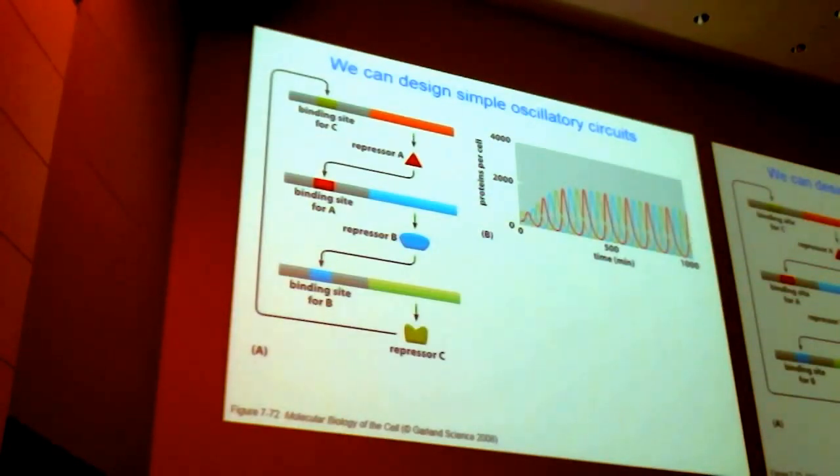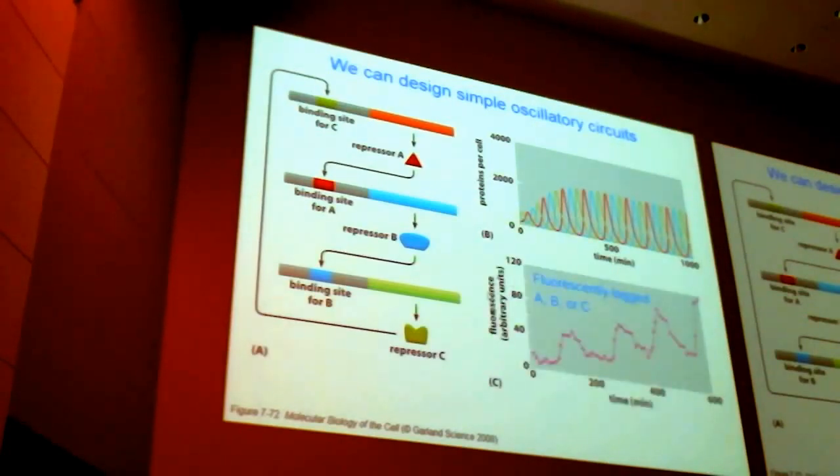So if you measured any one protein experimentally after setting this up, you can, let's say, set up this gene construct, put it inside E. coli, and then watch what happens in E. coli by measuring each of these proteins. You will actually experimentally see them cycle up and down. Okay? So oscillatory circuits are crucial.